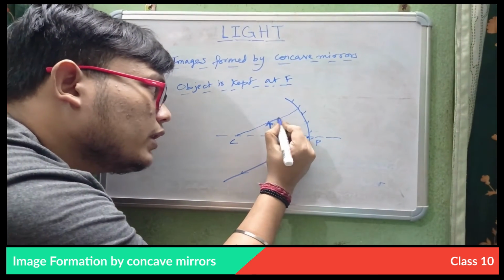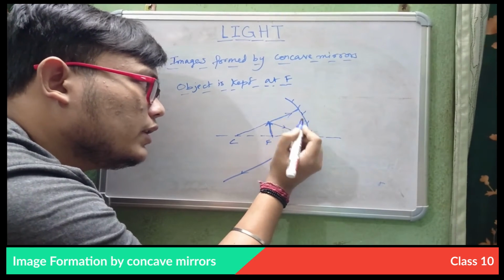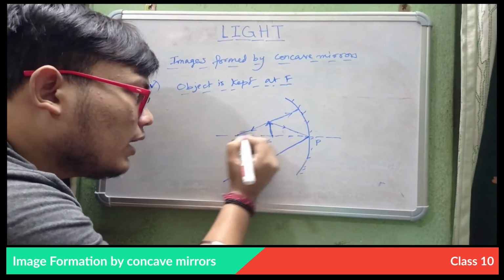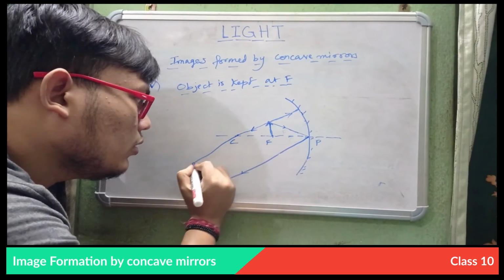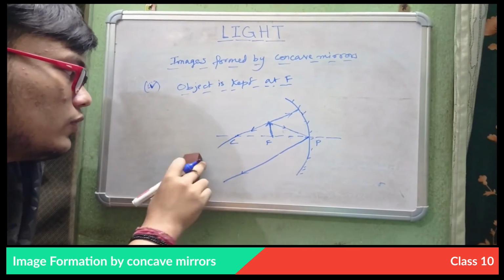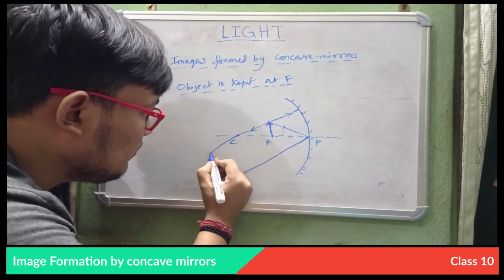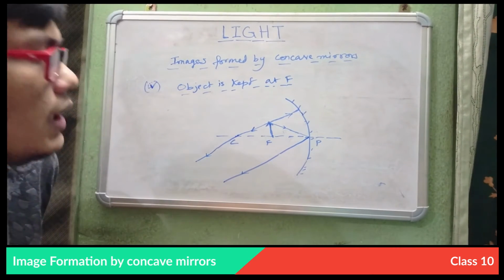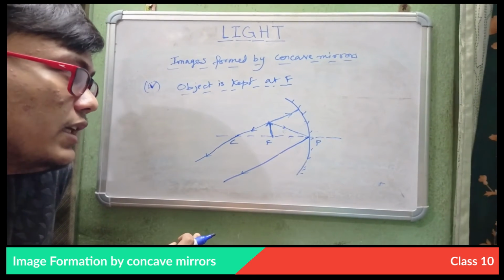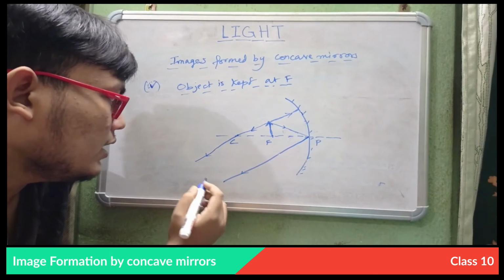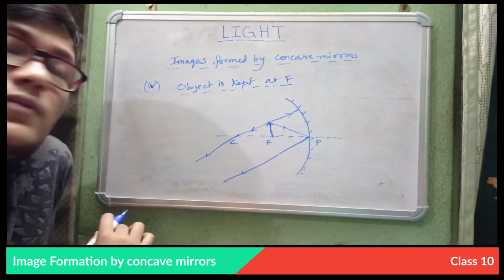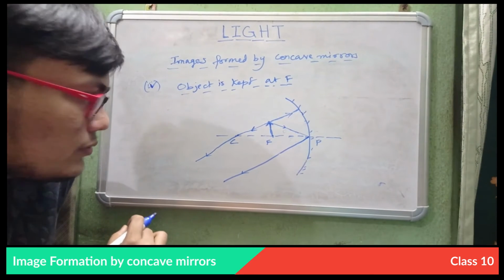First it will be incident on the mirror in this way, and after reflection from the mirror it will retrace back its path and pass through the center of curvature. Is this clear? From the image we can see that the image is formed at infinity, as these two rays are parallel, so the image will be formed at infinity, right?